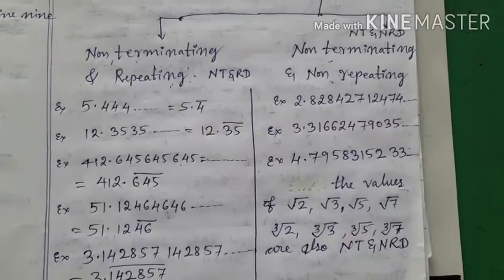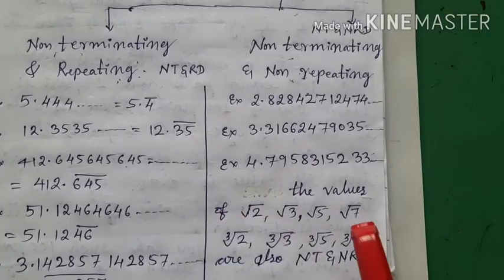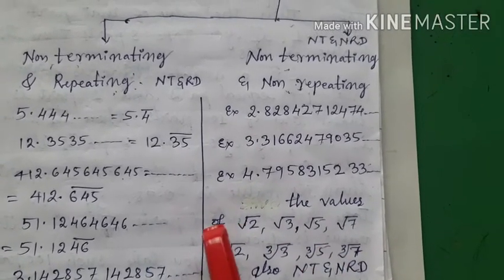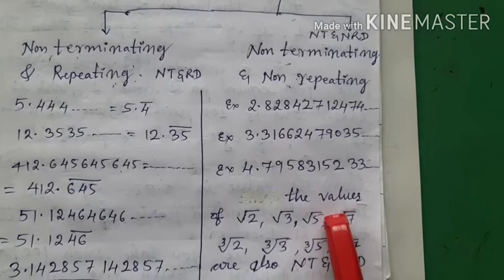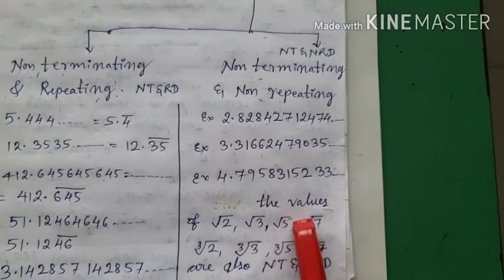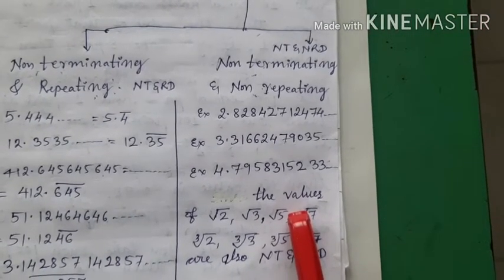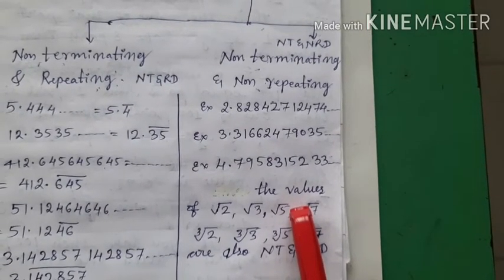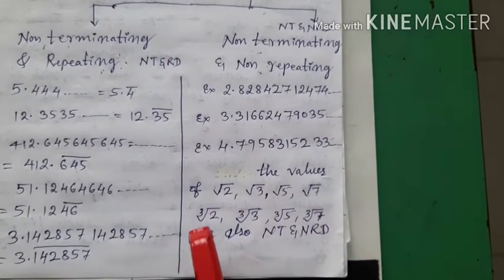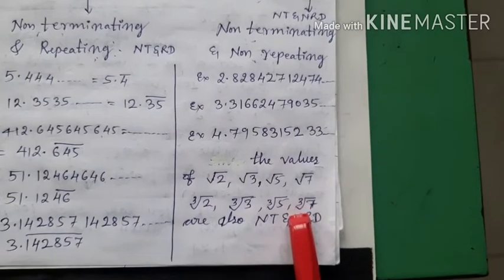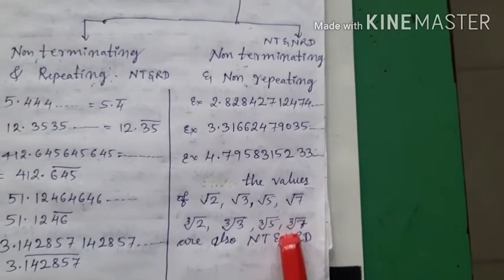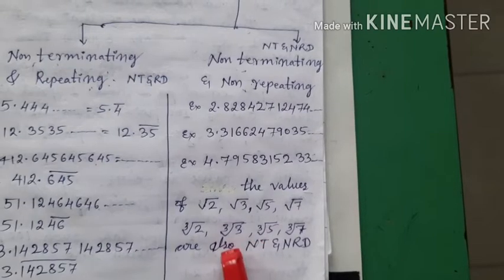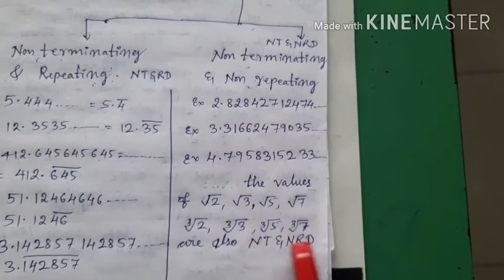Then children, should we believe that all square roots are examples of non-terminating and non-repeating decimals or irrational numbers? And should we believe that all cube roots are examples of irrational numbers?